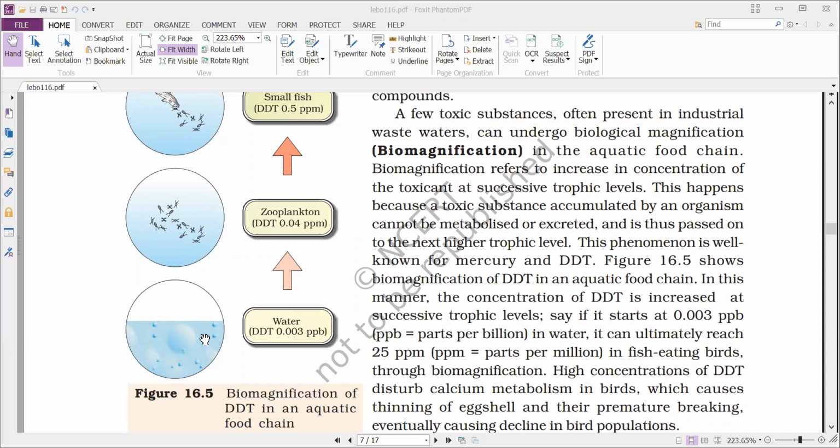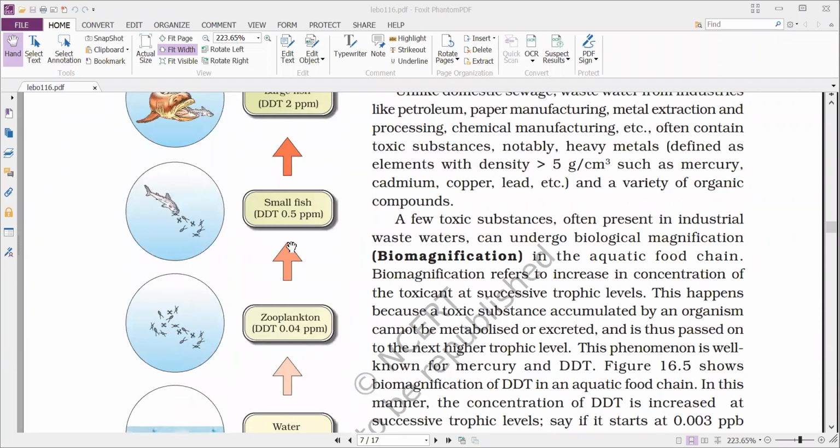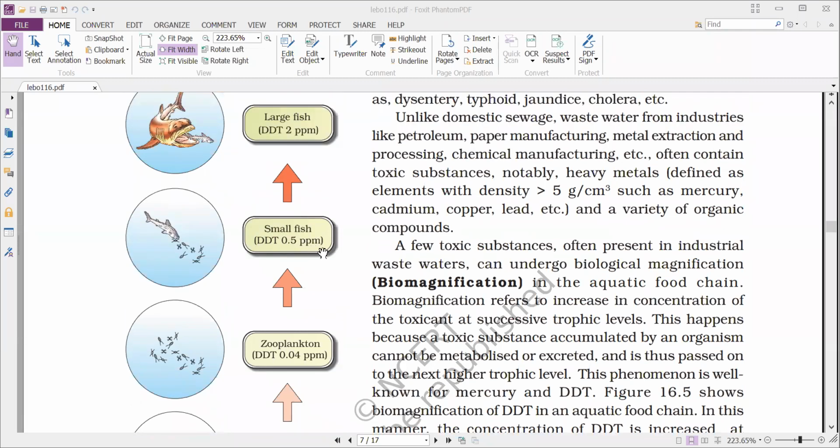From parts per billion, it is coming to parts per million, because in its lifetime it eats a large number of phytoplanktons. And from the zooplanktons, it enters the small fish, because small fishes eat zooplanktons. Now the accumulation comes to 0.5 parts per million.